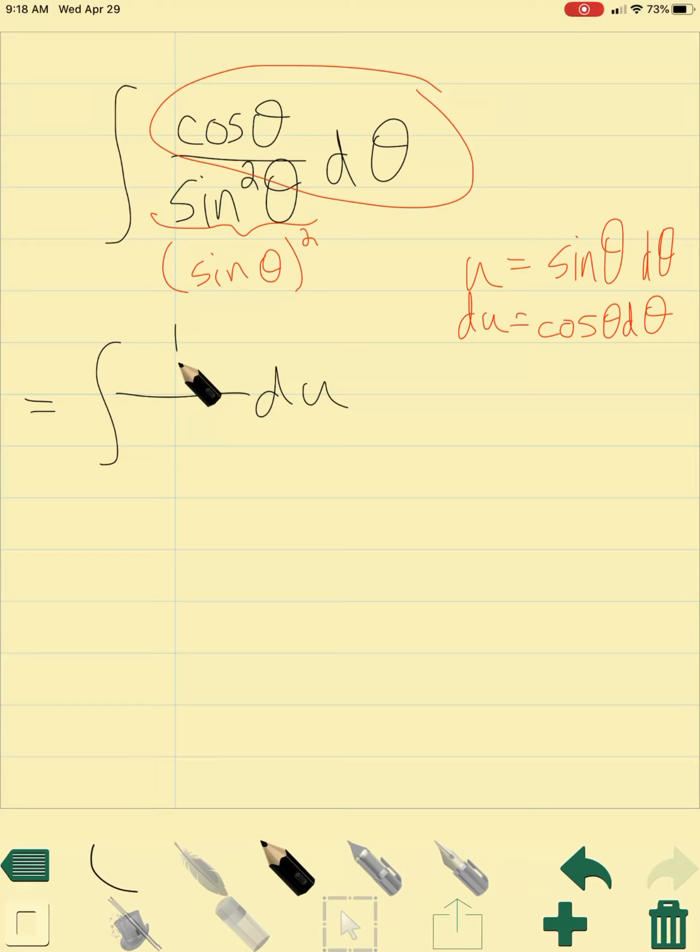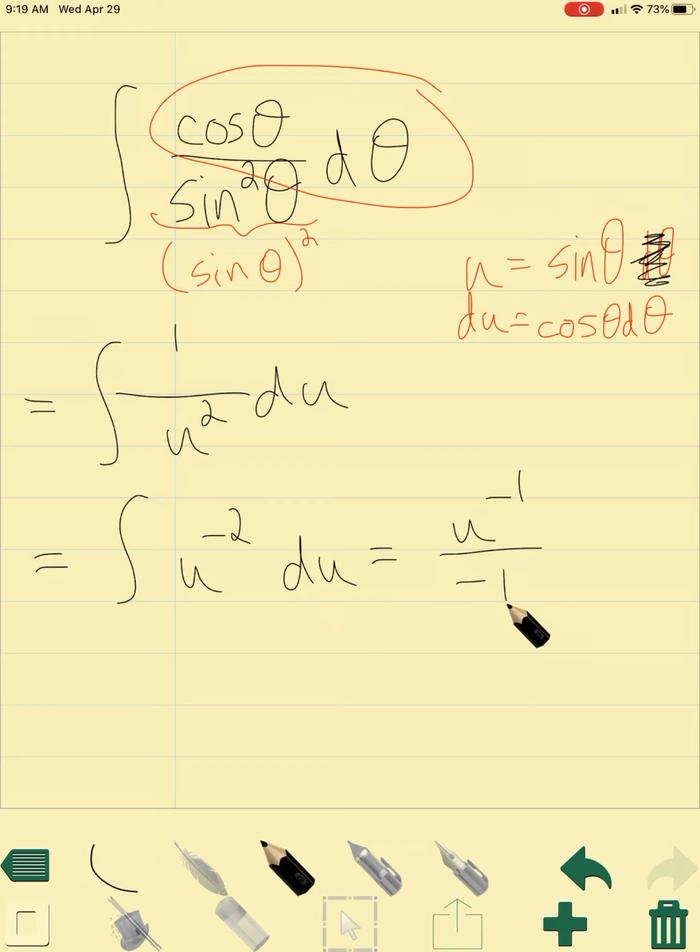So we end up with the integral of just du, so 1's on the top, and then on the bottom we have the sine of theta squared. Well, the sine of theta is equal to u, so you would just have u squared. So this is equal to the integral of u to the negative 2nd du, which is equal to u to the negative 1st over negative 1, just step up rule, plus c.